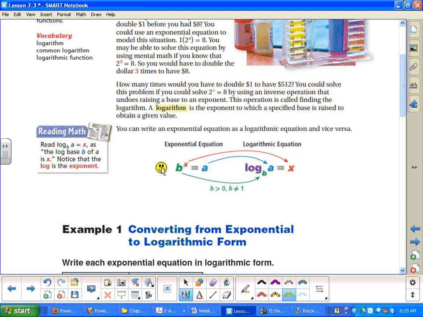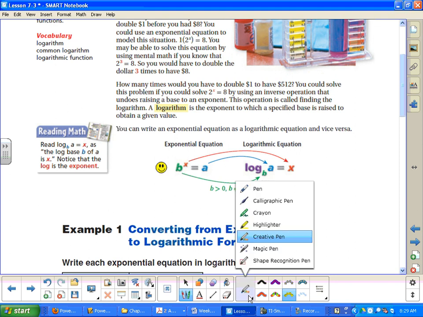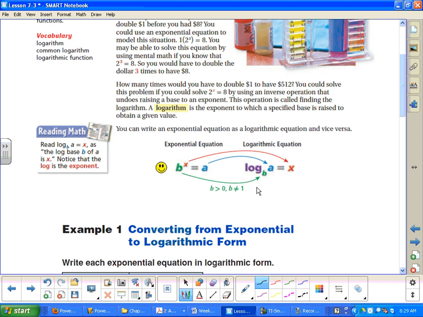Okay, good. Notice where things go. We have the base b, and that comes over here, and that's the base for the logarithm. The exponent is what the logarithm equals.